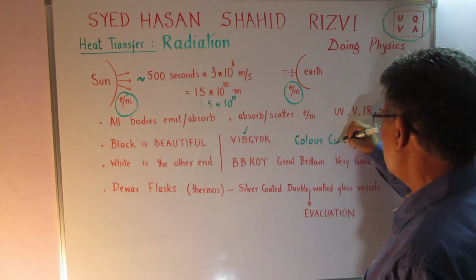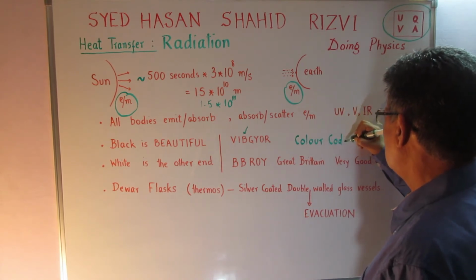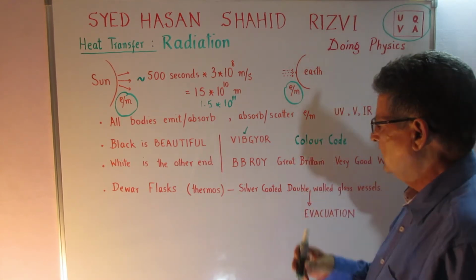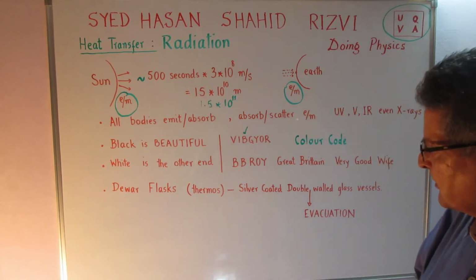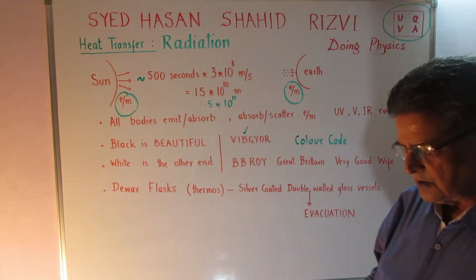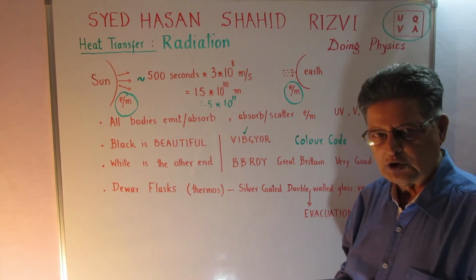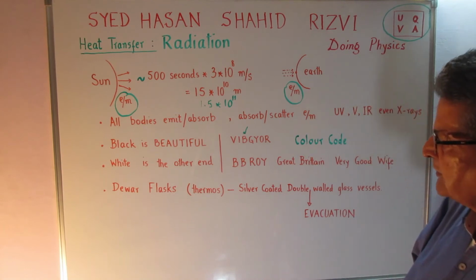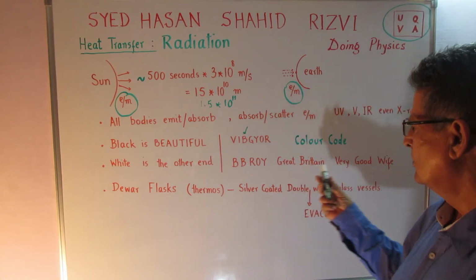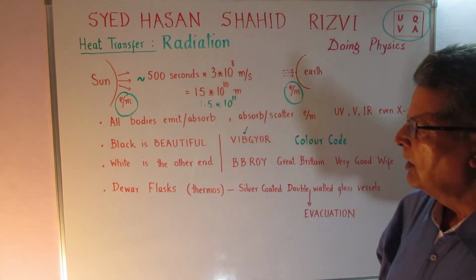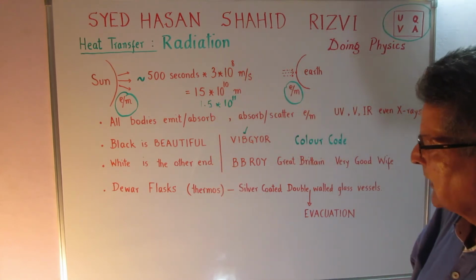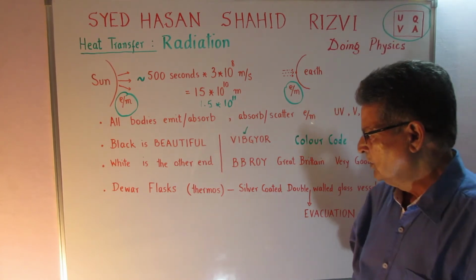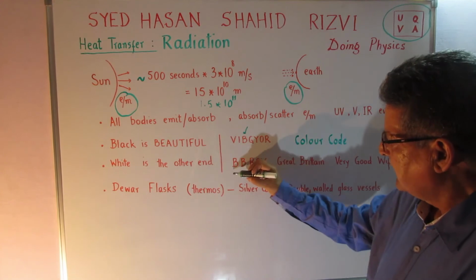There used to be color code also in the case of capacitors, but definitely in the case of carbon resistors, made in small units where they couldn't have printing, the color code was there.